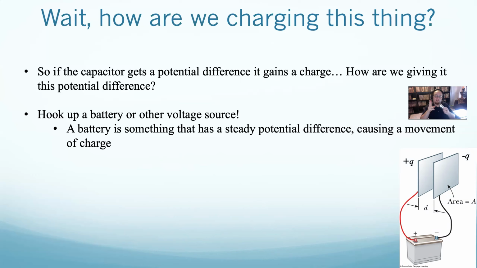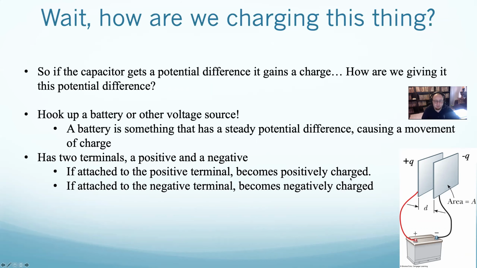This one would probably knock me on my ass if it was charged and I touched it like this. What you have to do is hook it up to a battery or some other power supply that has a steady potential difference. If I hook my parallel plate capacitor to a battery, as you see in this photo, basically if I hook one end to the positive terminal of the battery and the other end to the negative terminal of the battery, it's going to cause a movement of charge.